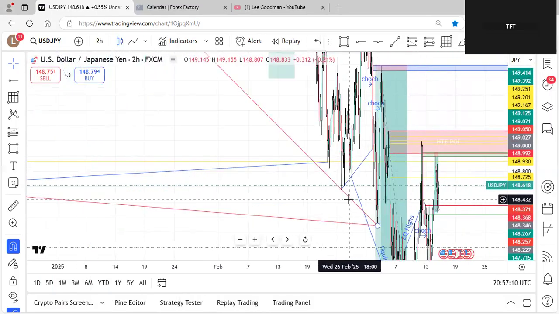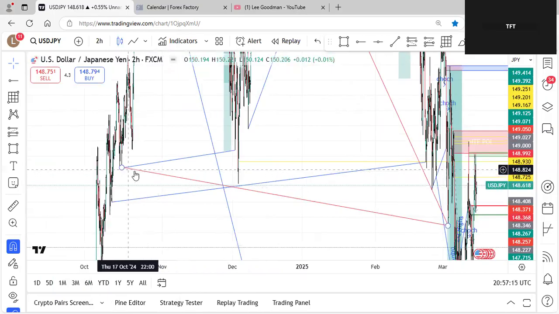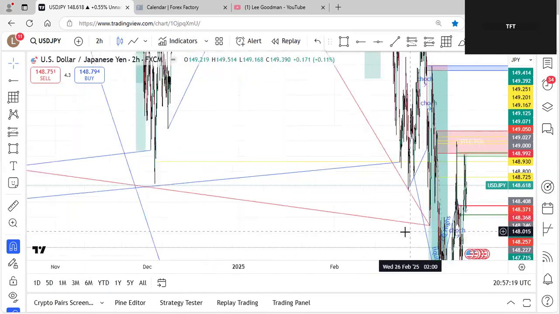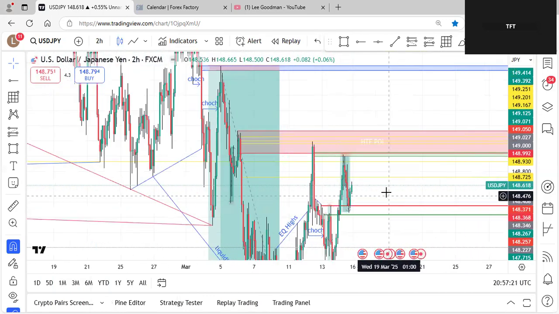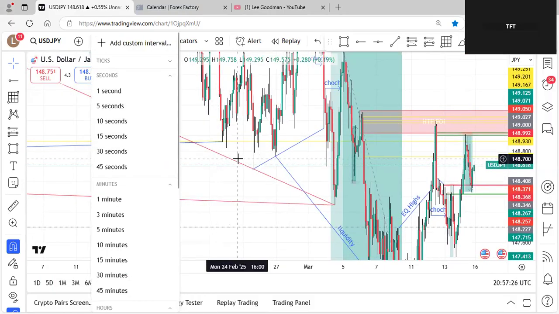So this is terrible. I'm sure that was better, but it's a possible build up of liquidity here.